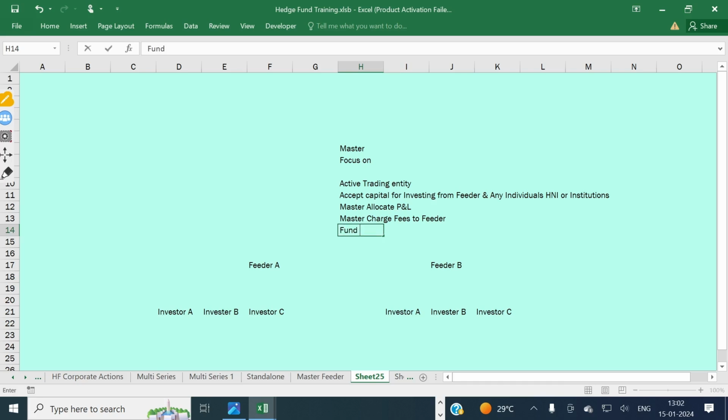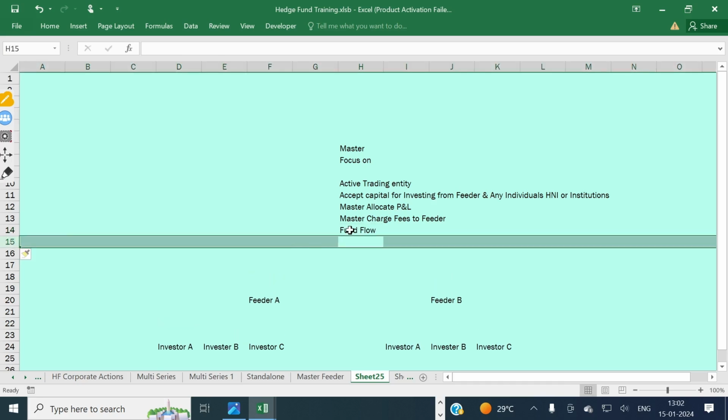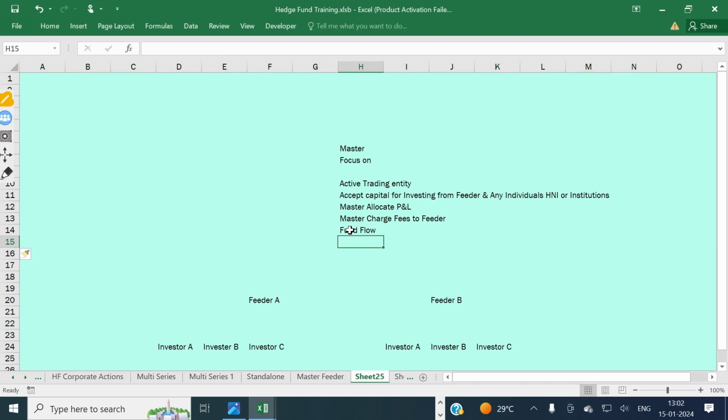Fund flow. This is a very important one, note this down. Feeder to master: that would be your subscription. If you see any fund transfer from a feeder account to the master account, that would be your subscription, or capital call.